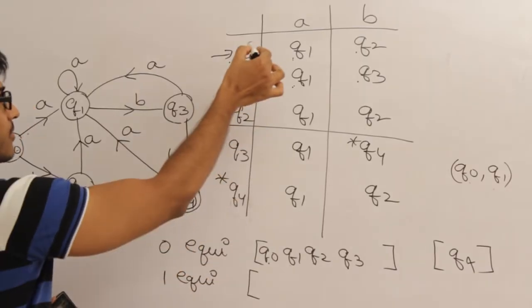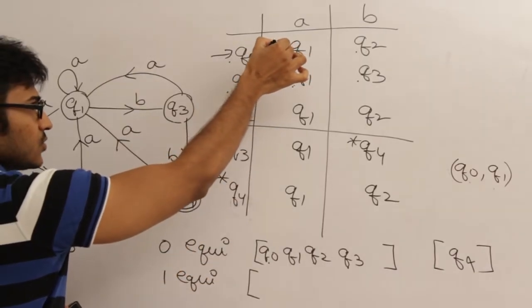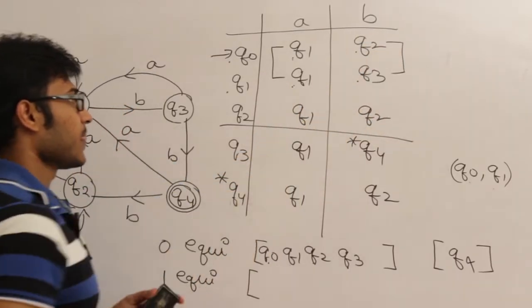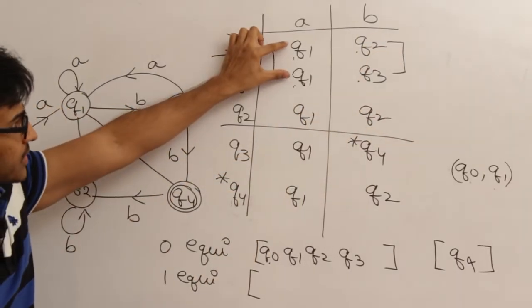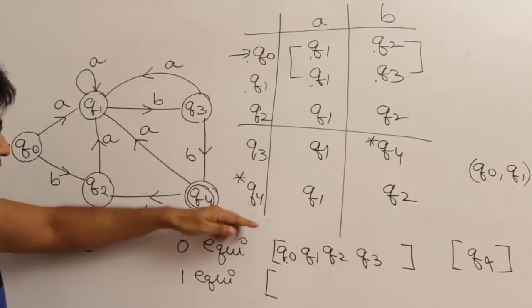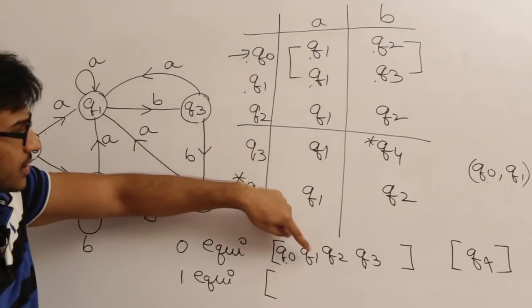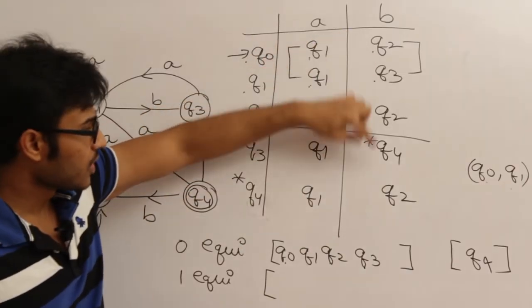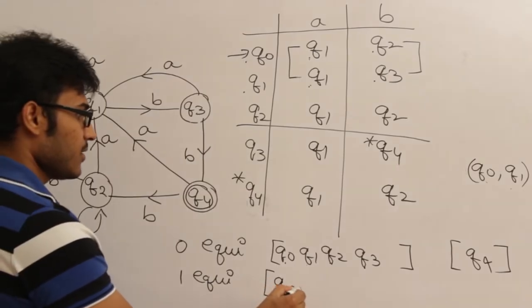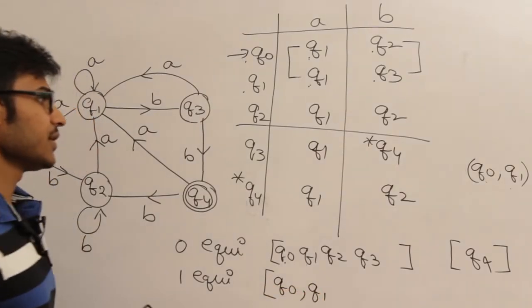Q0 and Q1, these two. Now these two have to be in the same group in the above state. In the above state, which is zero equivalent, Q1 and Q2 are in the same group and Q2 and Q3 are in the same group. Therefore you can say that Q0 and Q1 are one equivalent.